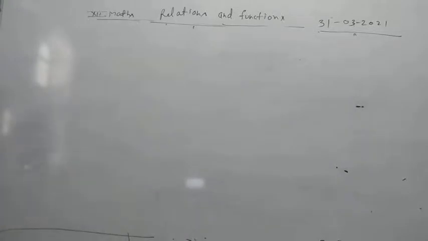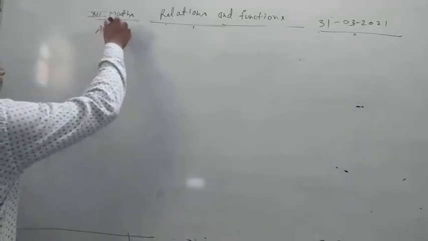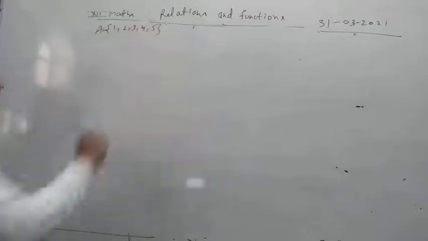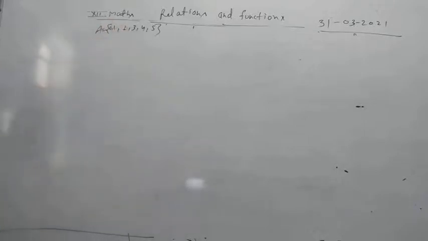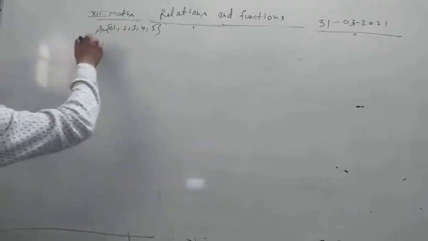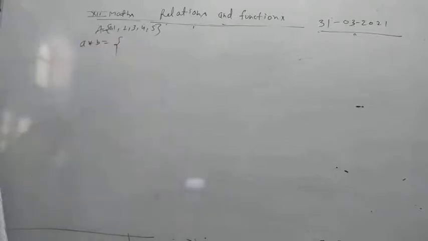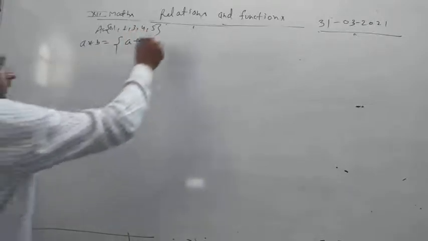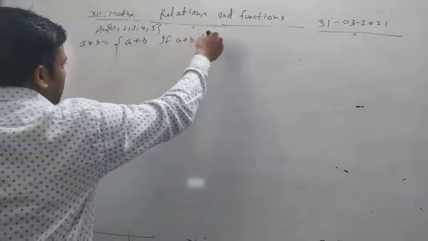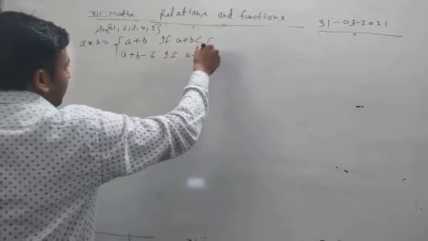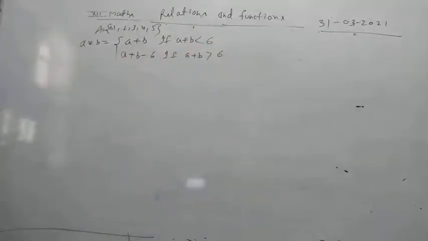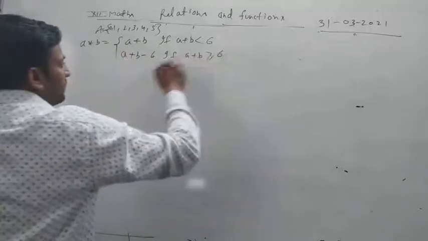A binary operation star on the set {0, 1, 2, 3, 4, 5}, including 0, where A star B is defined as A plus B if A plus B is less than 6, and A plus B minus 6 if A plus B is greater than or equal to 6.